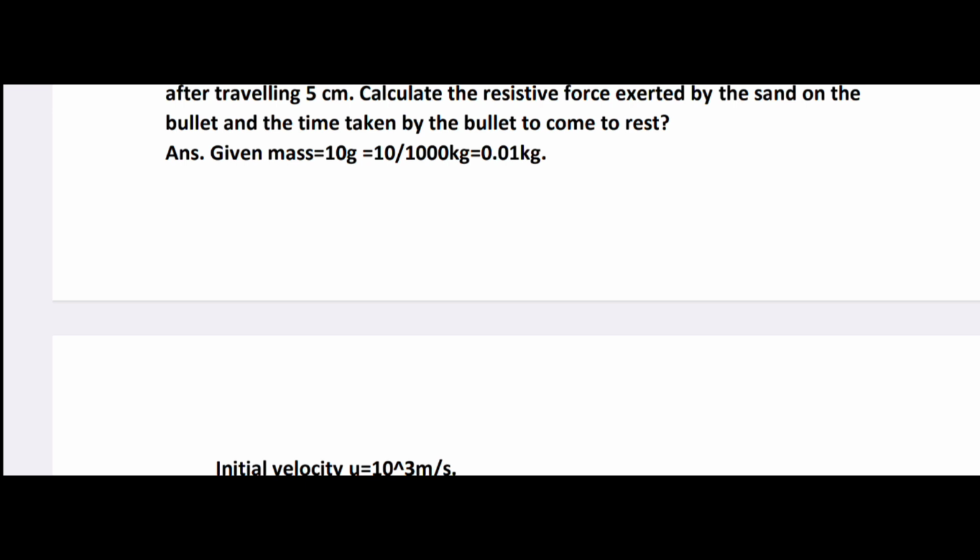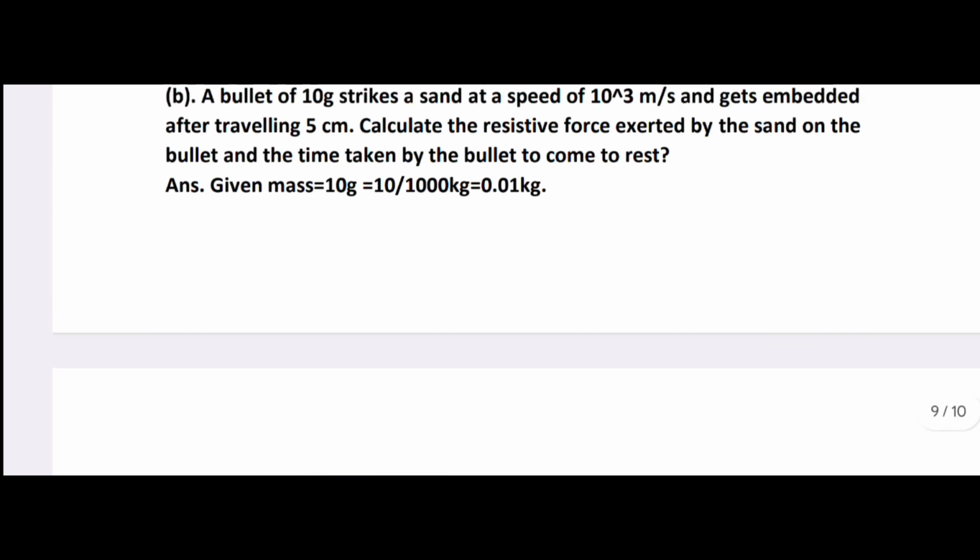Now, B part. Here is a numerical for you. A bullet of 10 gram strikes a sand at a speed of 10 raised to power 3 meter per second and gets embedded after traveling 5 centimeter.